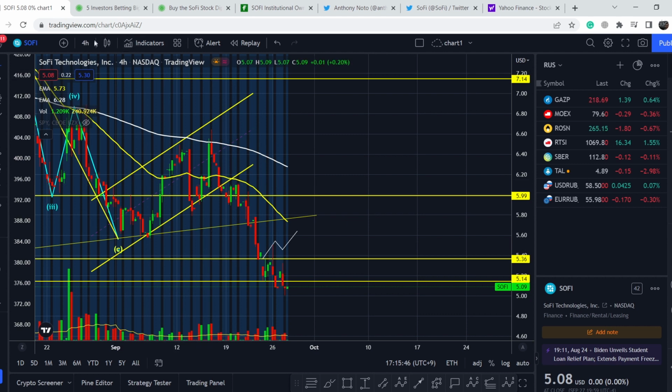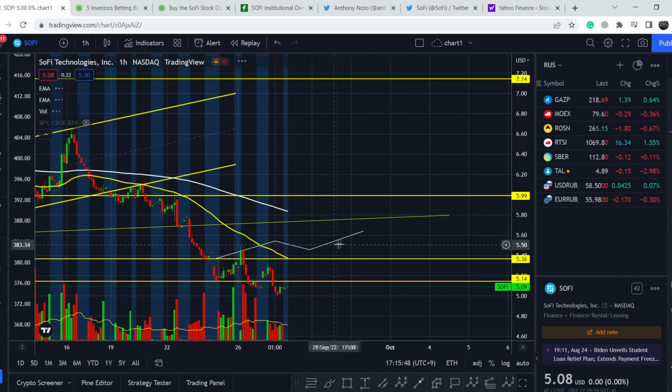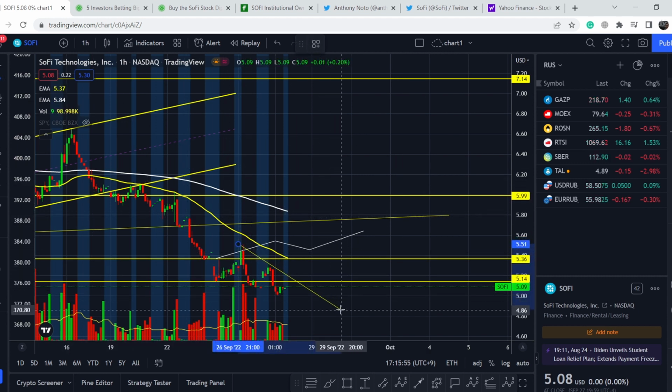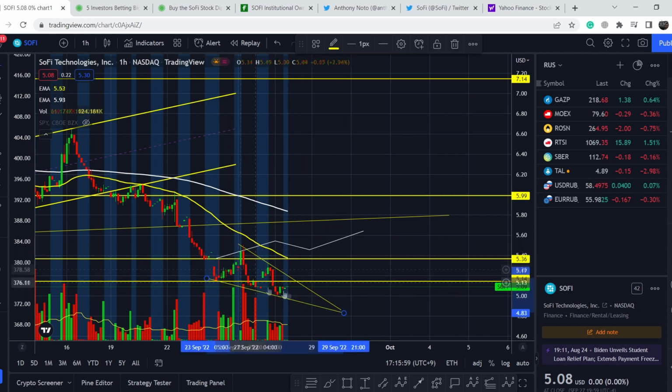So, let me show you that if I switch to the hourly time frame, we can see very good price action. And if I connect these tops and these bottoms, as you can see, we have a falling bullish wedge.